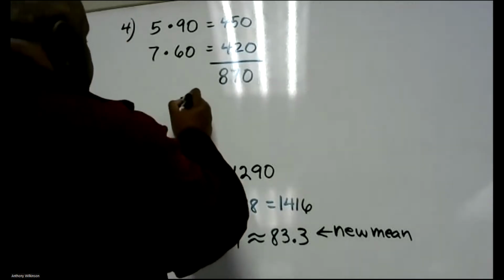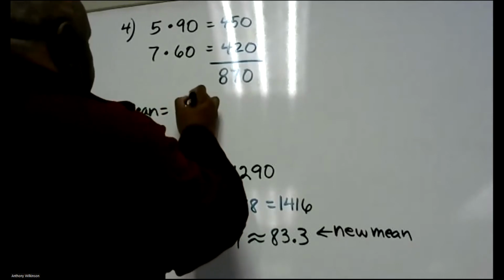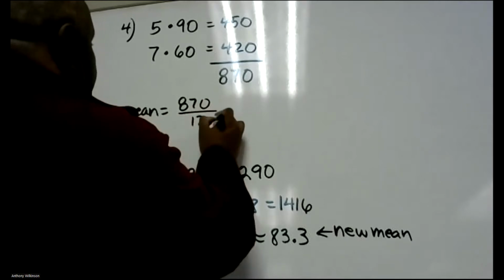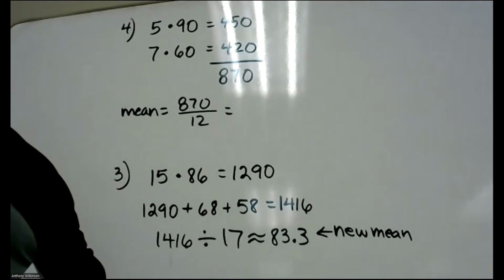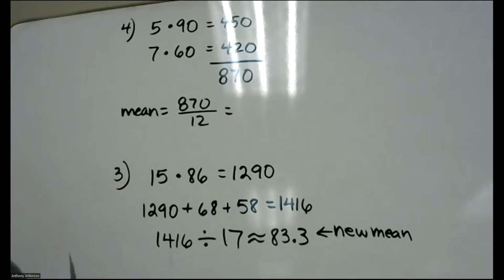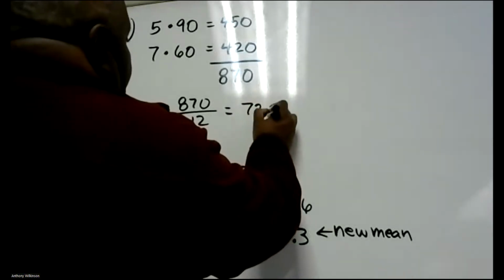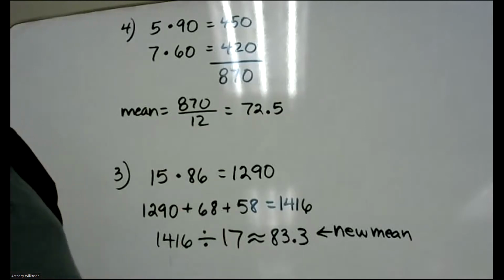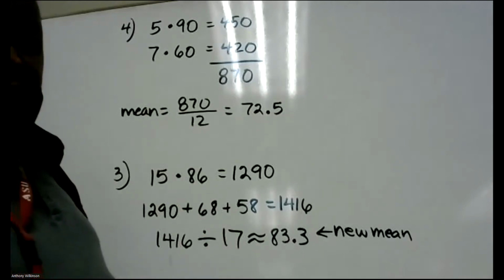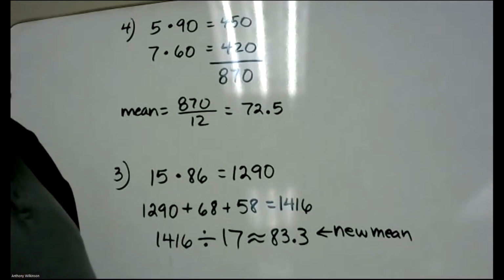So the mean equals 870 divided by 12. That's 72.5. So the mean here will be 72.5. All right, questions on example 4.